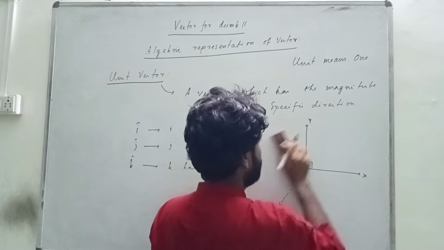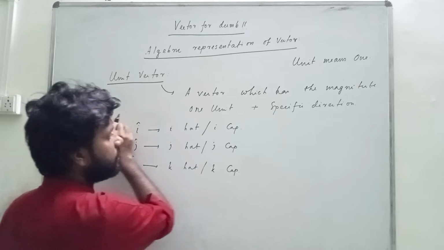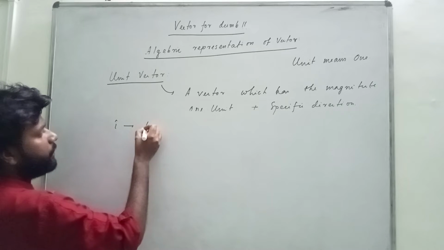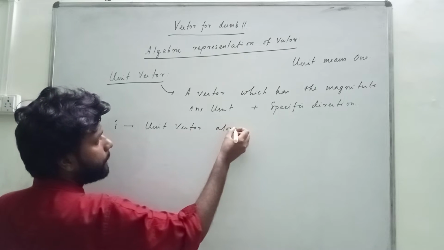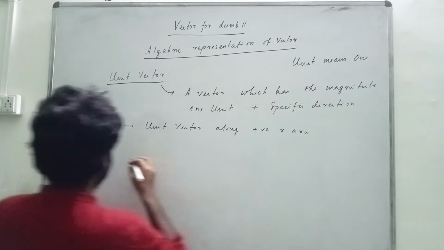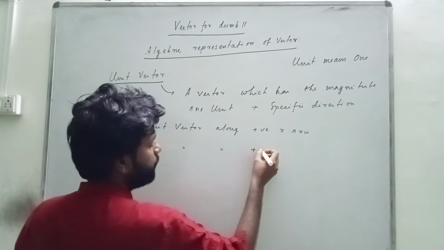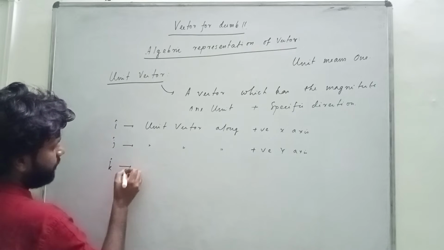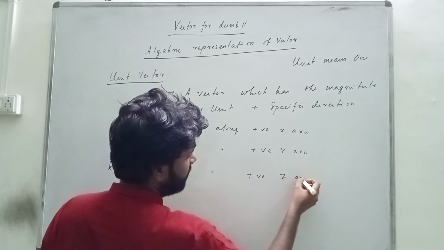So I hat or I cap means the unit vector along the positive x axis, J cap or J hat means the unit vector along the positive y axis, and K hat or K cap means the unit vector along the positive z axis, right?